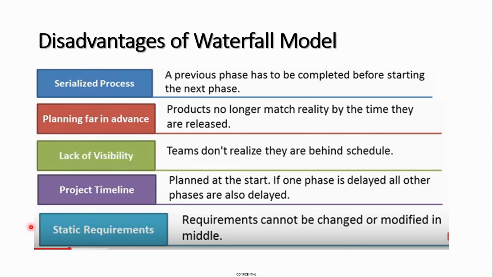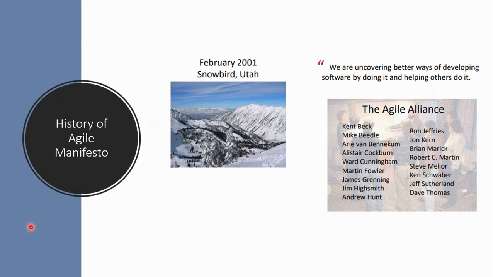Another thing in the waterfall method is that the changes are not much entertained in the middle, and you're discouraging them, because we learned in the scope and cost side of project management how later changes will have a cascading effect on the cost and the schedule.